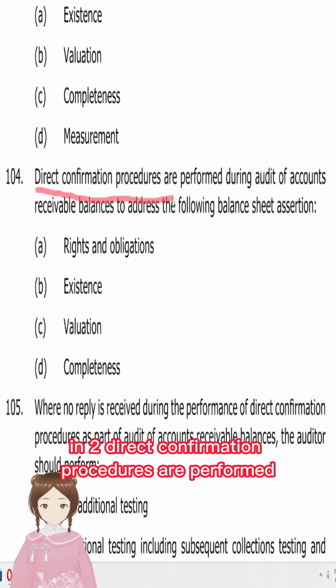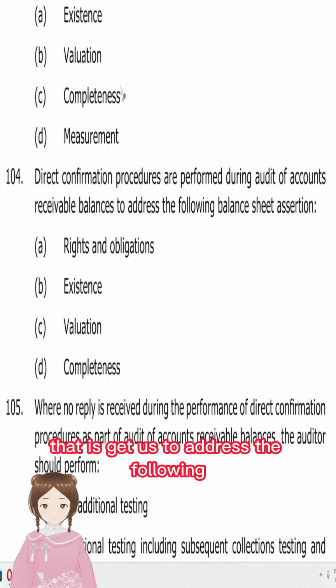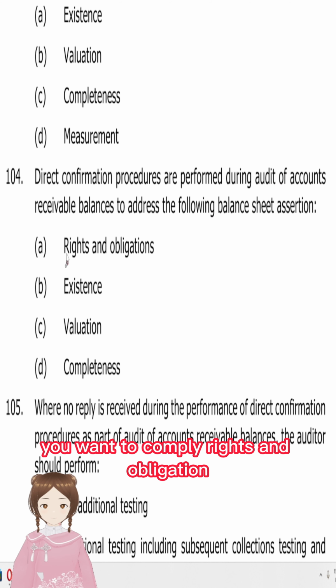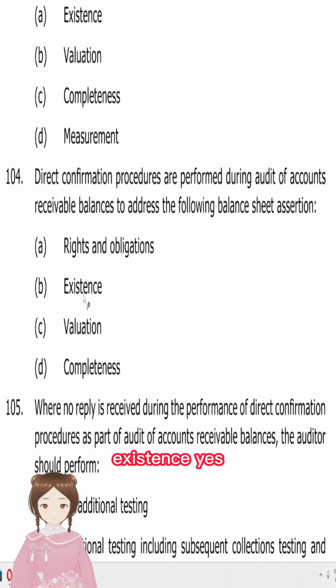Direct confirmation procedures are performed during audit of accounts receivable balances, that is debtors, to address the following balance sheet assertion. What assertions we want to comply? We want to comply rights and obligation with that direct confirmation process? No, we have to check any kind of agreements, etc. Existence, yes. Existence of that amount or not.